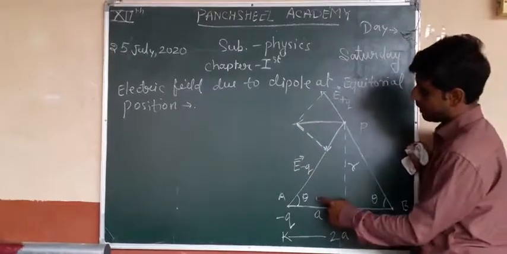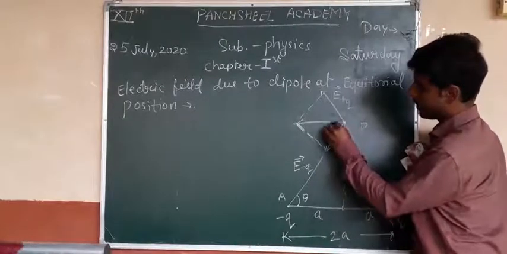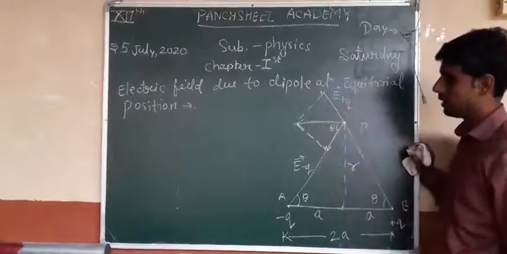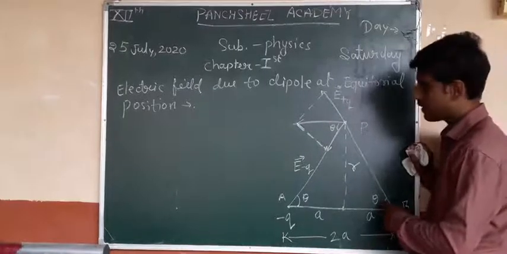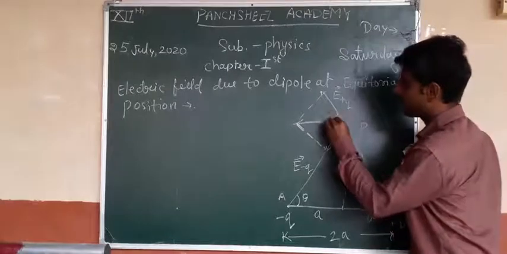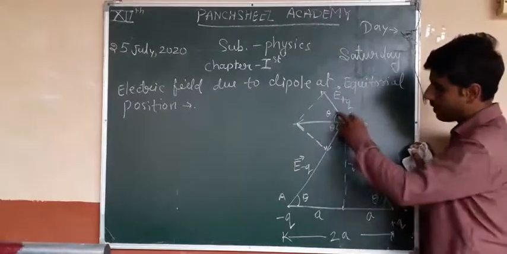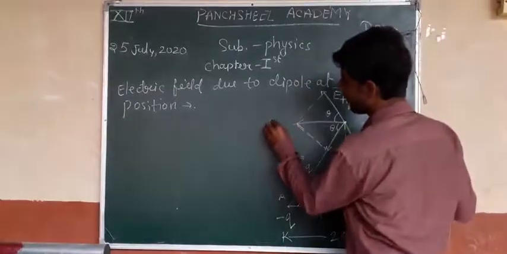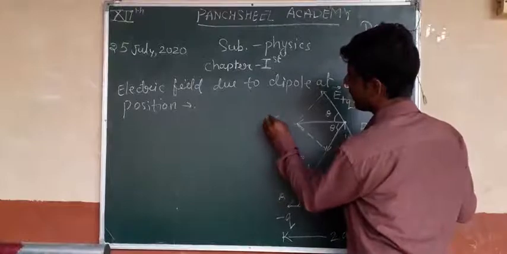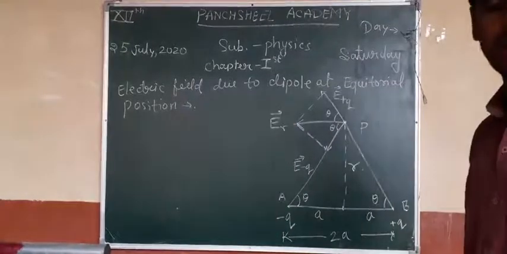This angle is theta, so this angle is also theta because of alternate angles. And if this angle is theta, this angle is also theta because of corresponding angles. So this is the value of electric field, or we can say this is ER. ER means resultant electric field.